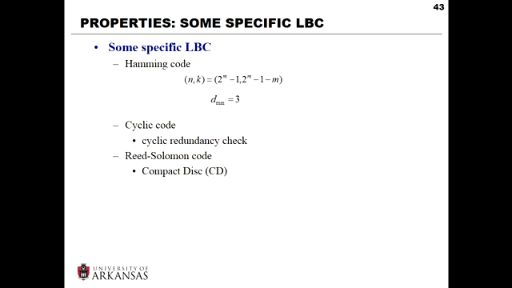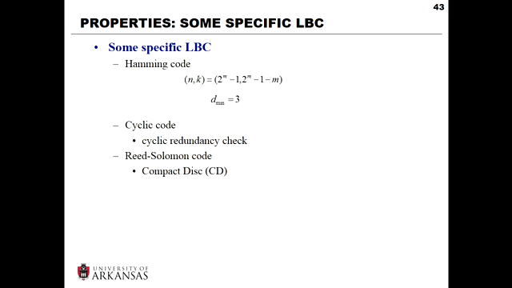Then we pass this information to a higher level, where we do a cyclic redundancy check to see if there is still error. If there is still error, it will send back a negative acknowledgement and ask the transmitter to do a retransmission. Again, there is a whole set of theories guiding the design of cyclic codes.